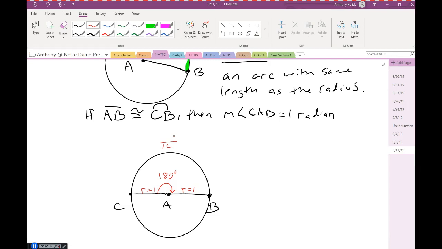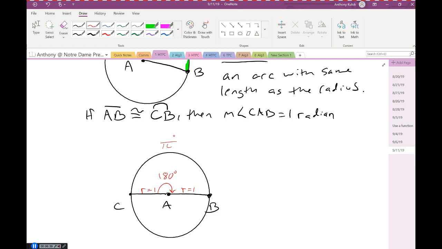What is the arc length from C to B? Pi. Remember, the circumference of a circle is 2 pi r. So the whole circumference is 2 pi r, where r is 1.